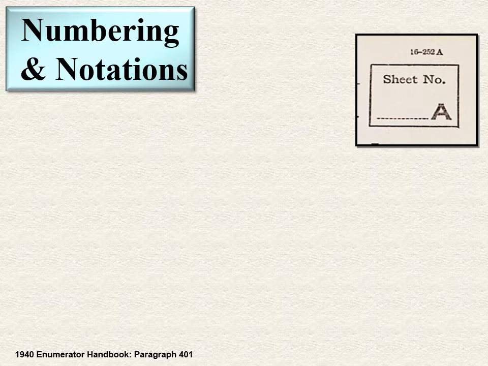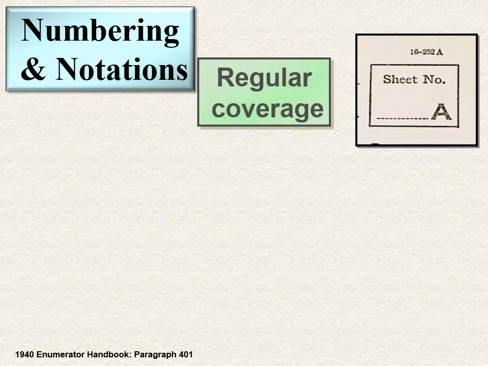Yes, and by the way, I'm doing this pretty much without a script and straight through, although I'm coming back and re-recording some slide sequences. So regular coverages, remember, the housing schedule is a separate schedule, and there is an A side of a schedule and the opposite is a B side.